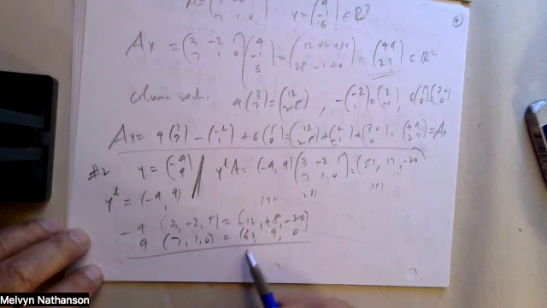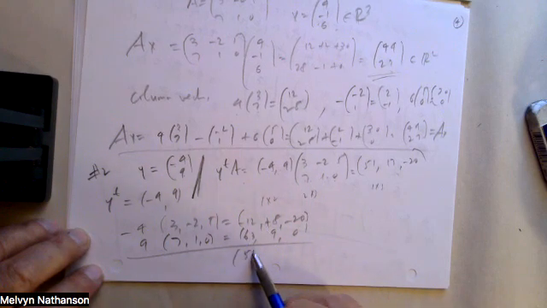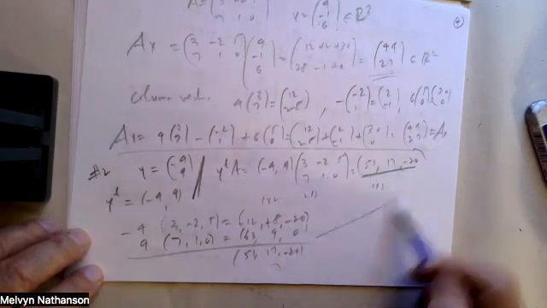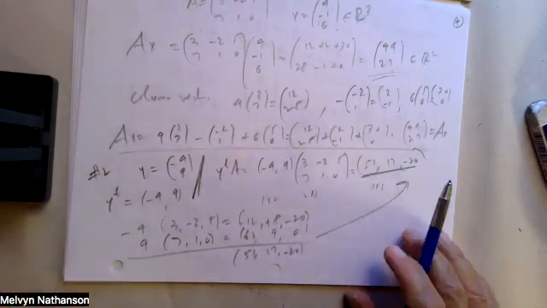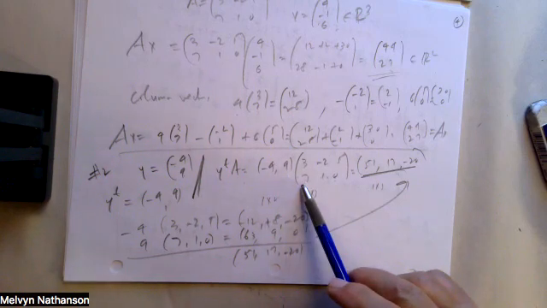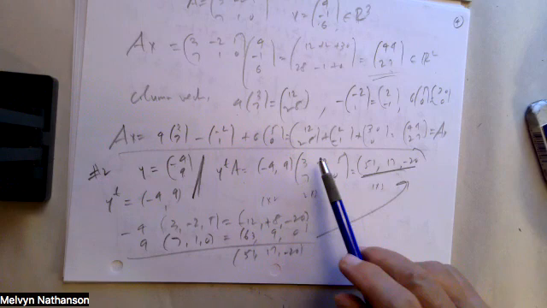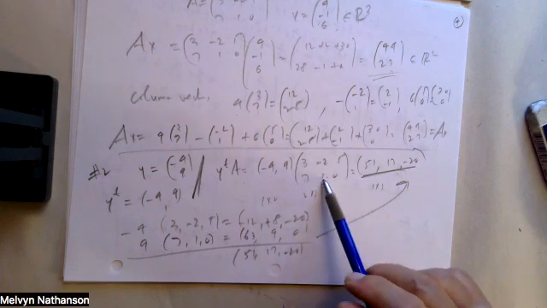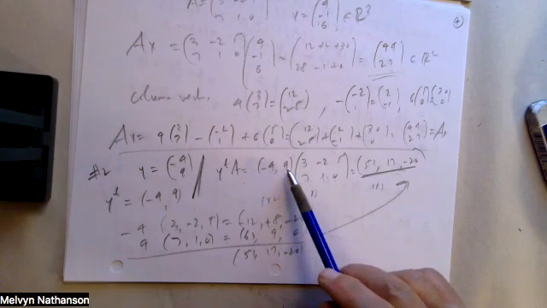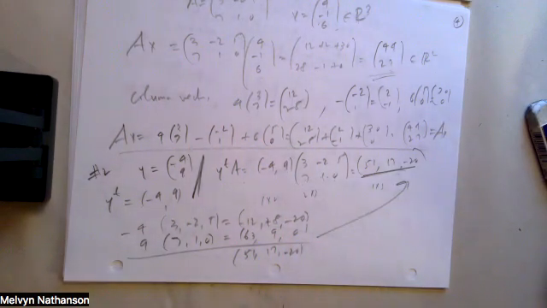And if I add, I get (51, 17, -20), just what I got over there. This simply demonstrates that when you multiply a row vector times a matrix, you get a certain linear combination of the rows of the matrix, with the scalars given by the coordinates of the row vector. That's what that shows.